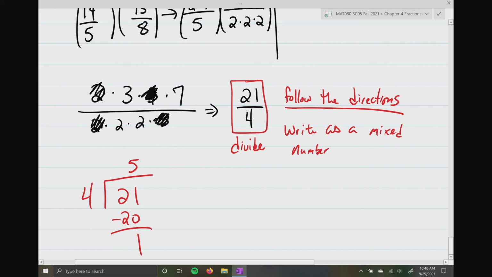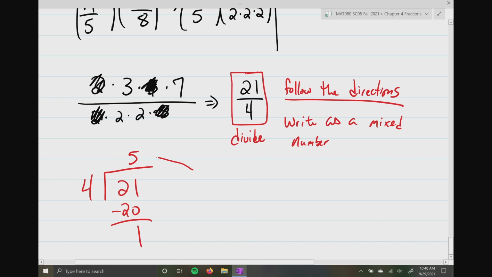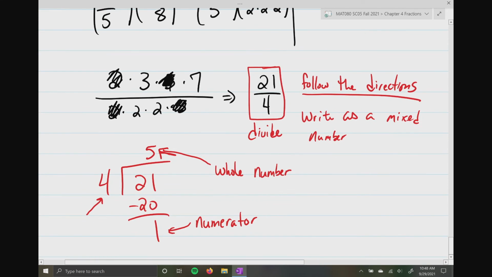And remember, your quotient is the whole number. Your remainder is the numerator. And then your denominator stays the same.